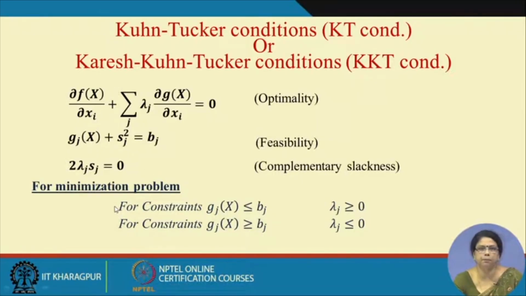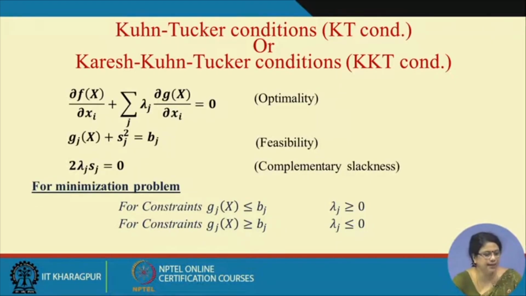Once again, I am repeating that for the minimization problem, if the constraints are of the type less than or equal to, then the corresponding multiplier would be greater than or equal to 0. If lambda j is equal to 0, the corresponding constraint is an active constraint.